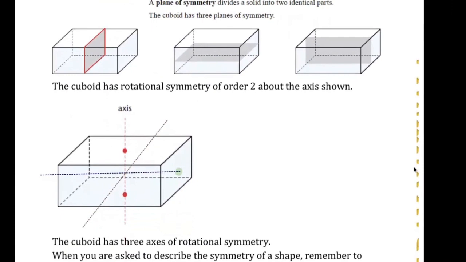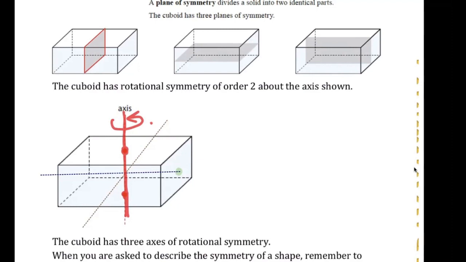Imagine this is the cuboid. Imagine I make some holes on the top and the bottom, and I pass a rod. The rod forms an axis for the shape to turn around. If you rotate the shape around the axis and keep on rotating it, it looks the same at different points of rotation.